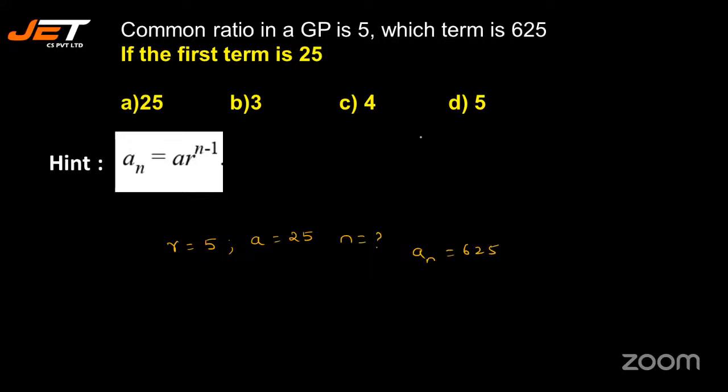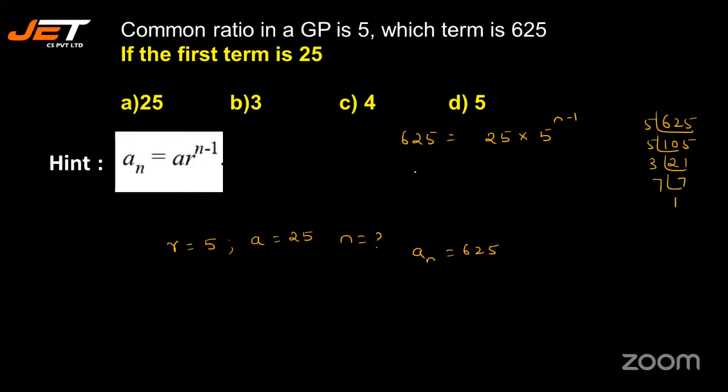So let's try solving it. We have A N, 625, is equal to, what is A? 25 into R, which is 5, to the power N minus 1. So 625 can be written as 5 ones are 5, 5 fives are 25, 5 twos are 10, 5 ones are 5, 3 sevens are 21.